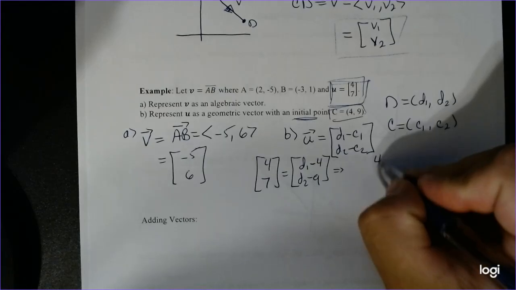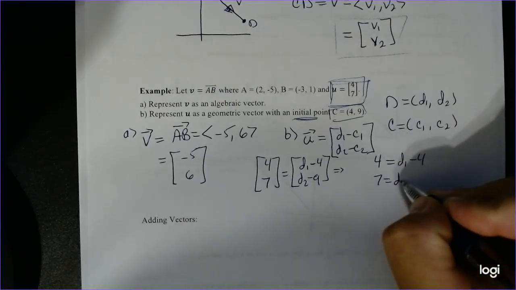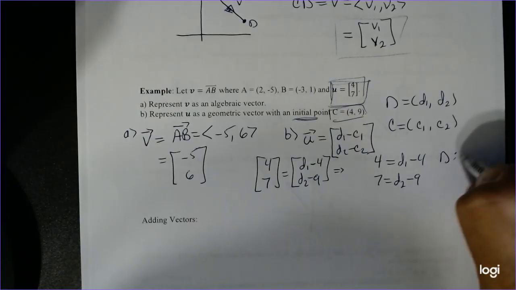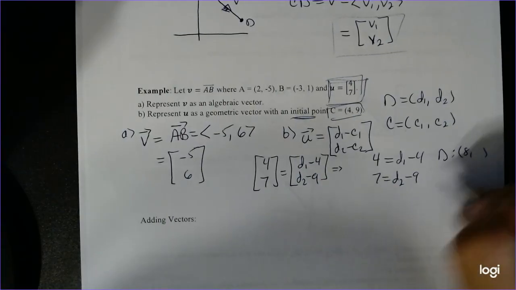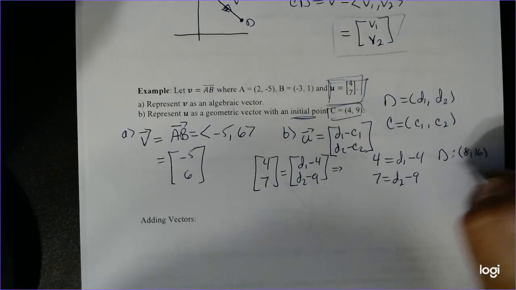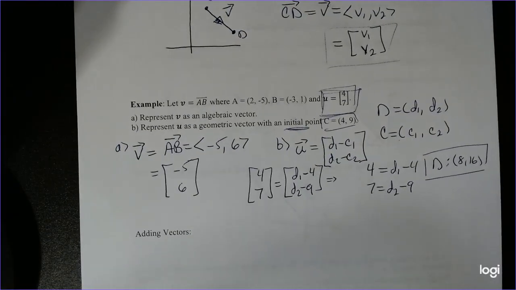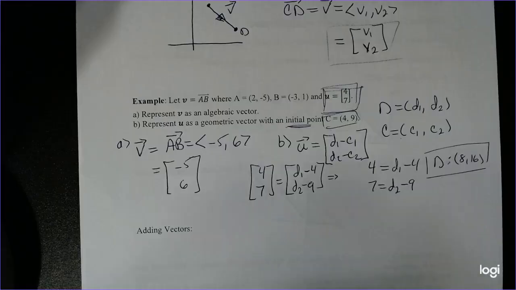So this just gives me 4 is equal to D1 minus 4, and 7 is equal to D2 minus 9. So point D would just be, adding this over, 8, comma, again, adding this over, 16. So point D is the point 8, comma, 16, while C is the point 4, 9.